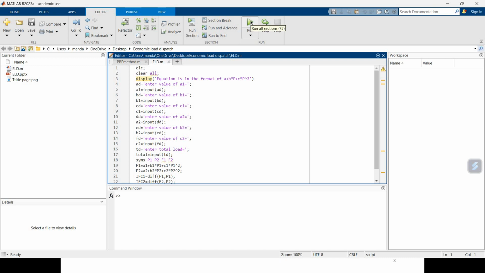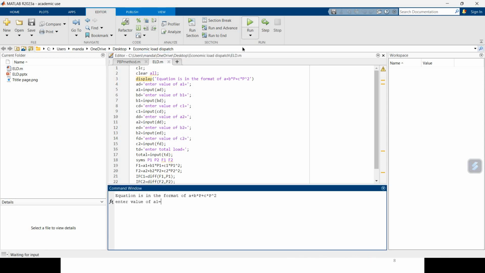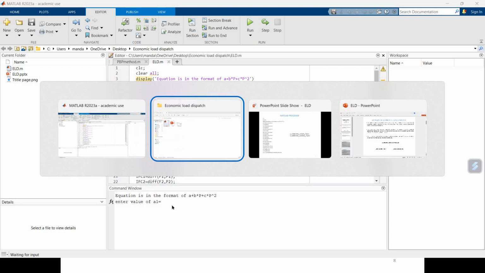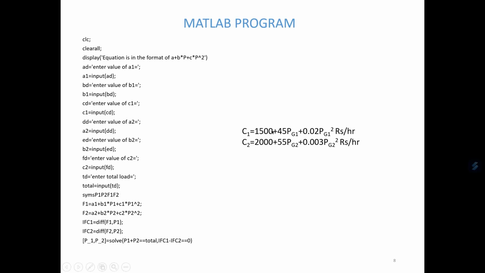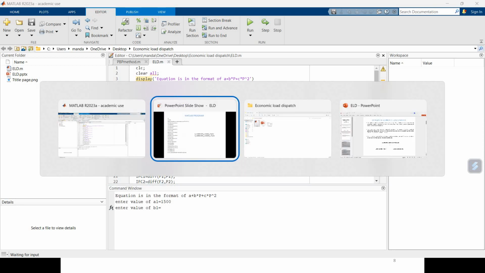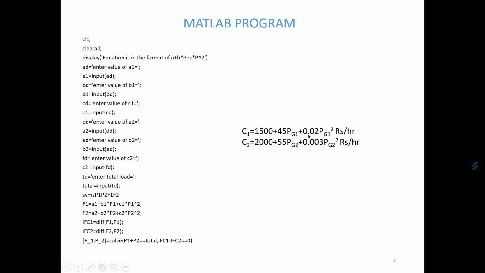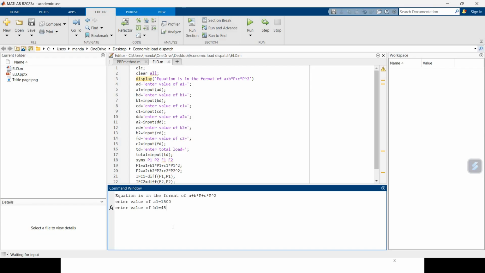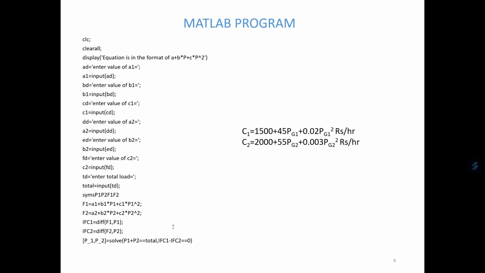When I run this file, it will ask to enter the value of A1. A1 is 1500. Then press enter. It will ask the value of B1, which is 45. Enter. It will ask the value of C1, that is 0.02. Enter.